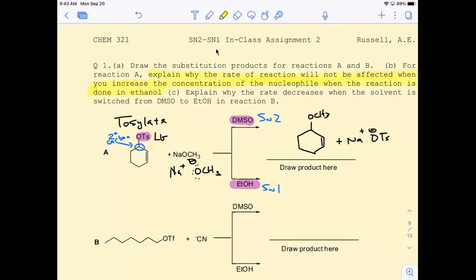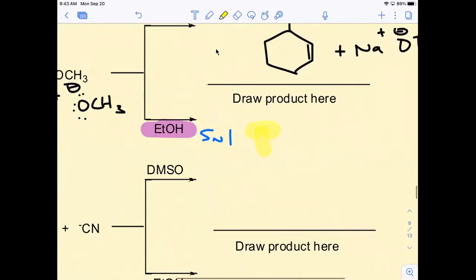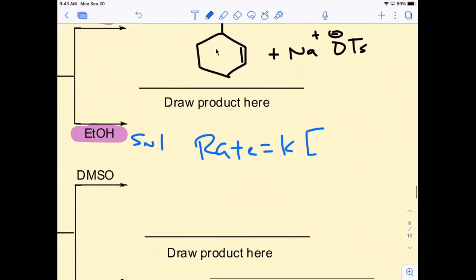Nothing, because it only depends on the substrate. Yes. So if I do it in ethanol, the rate is just k times the concentration of the substrate, because it's unimolecular. Remember that term, unimolecular, meaning the rate determining step only involves the substrate and not the nucleophile.